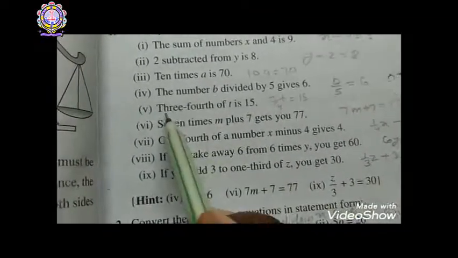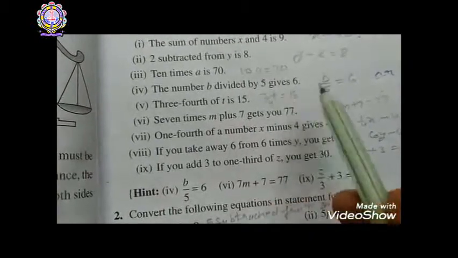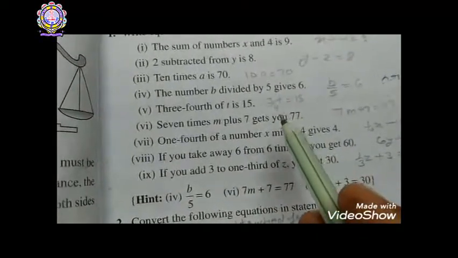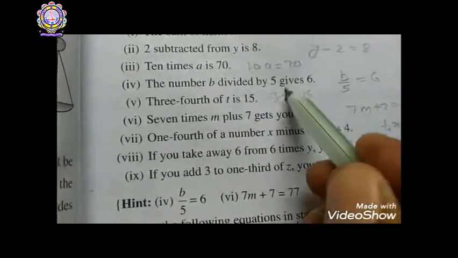Next, 3/4 of t. 3 upon 4 of t is 15. So 3 upon 4 t, that is, t is equal to 15.